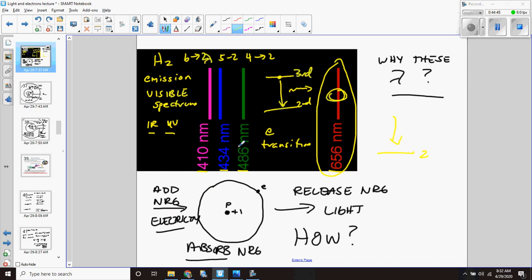Don't believe it? Try it. This is a test. I'm not going to solve this for you right now, but prove, using the equation we came up with before for the hydrogen atom, that this specific wavelength is given off with a transition from the sixth shell to the second shell. Solve it, and you'll be able to prove it.